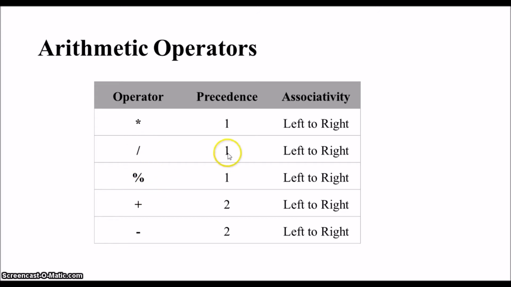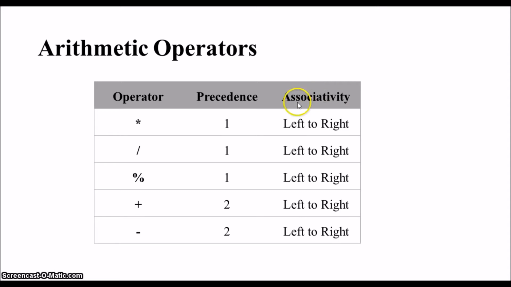Multiplication, division, and modulus have the highest precedence. Then come addition and subtraction. Given any expression, the highest precedence operator should be evaluated first and then go for the lowest precedence operator.